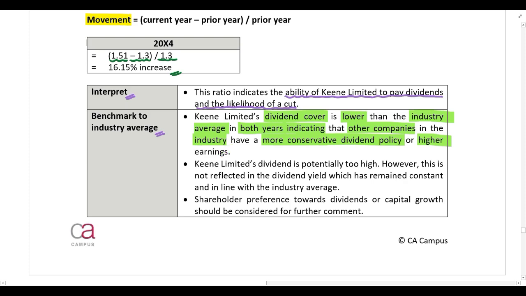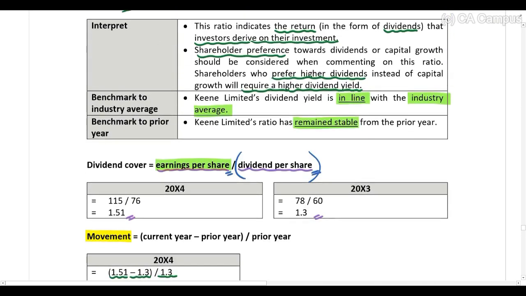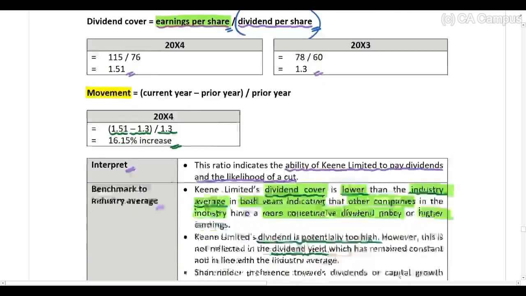So because Keen Limited's dividend cover is lower than the industry average, there's a risk that their dividend is potentially too high. However, if you go back to the dividend yield that we calculated previously, this is not reflected in the dividend yield because the dividend yield was in line with the average and also it remained stable from the prior year.